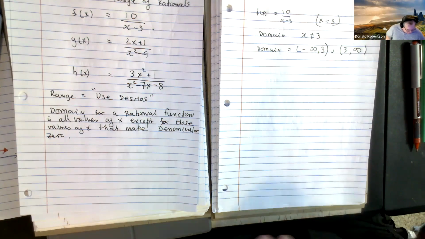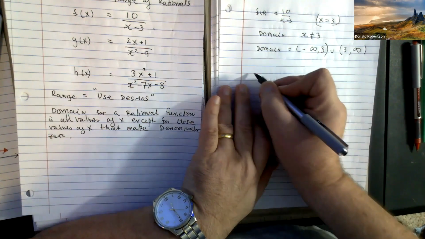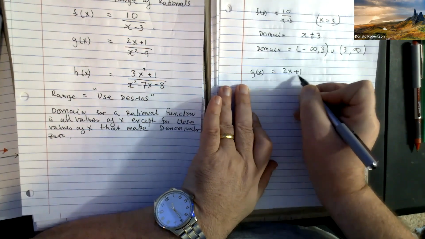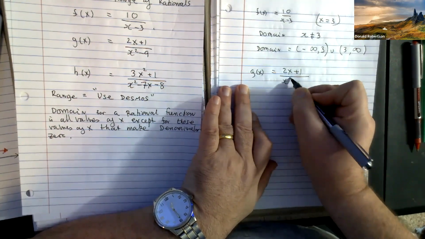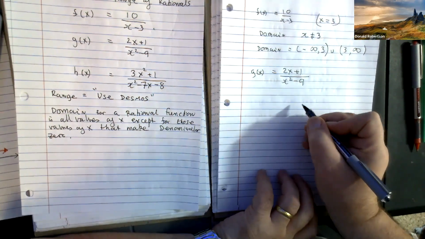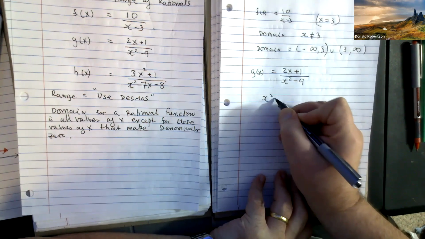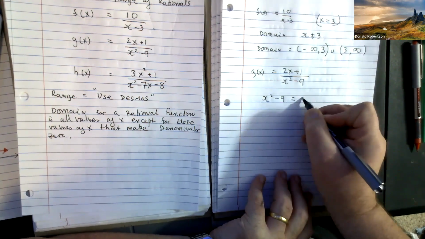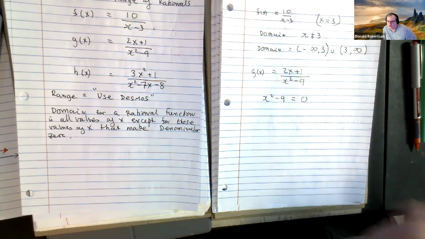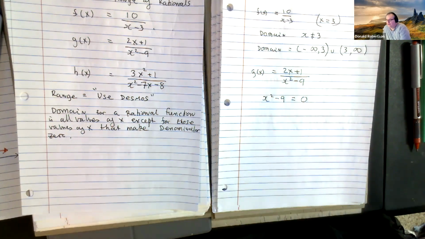Can't get it. Now, the next guy is 2x add 1 over x squared minus 9. Well, I'm only interested in that problem, right? Is there any values of x where the bottom is 0? Right, could anybody tell me how you could approach solving this equation in the usual algebraic ways that you've learned in the past?